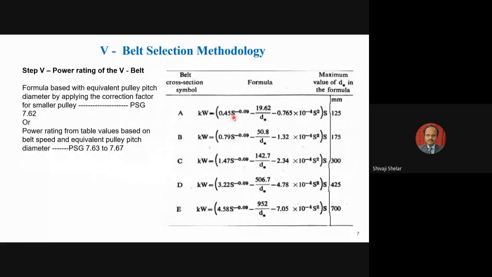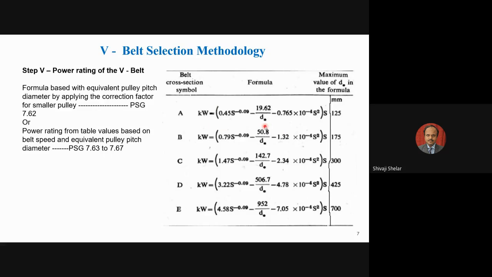What are the speeds of your shaft, what are the pulley diameters, the RPM of the pulleys. From this, you can calculate the power rating of a single belt. If you want to transmit larger power, then you have to use a number of belts. To identify the number of belts, you need to know the power rating of a single belt.